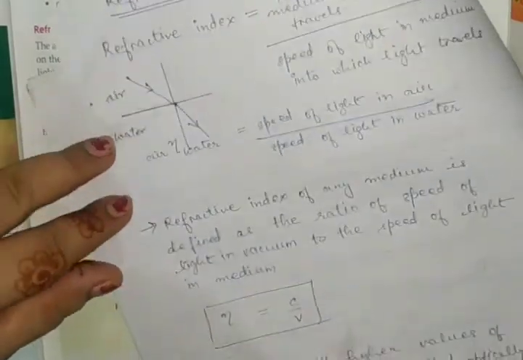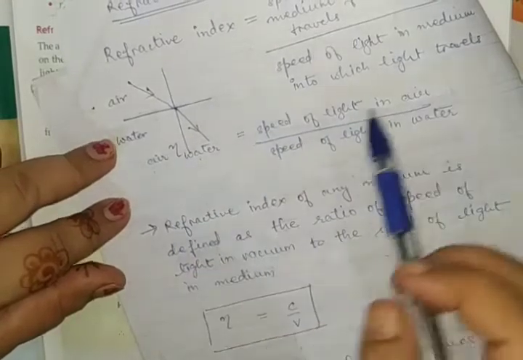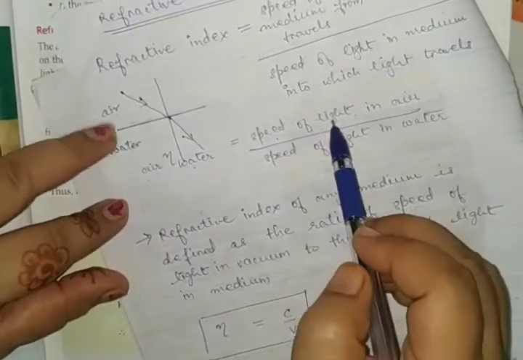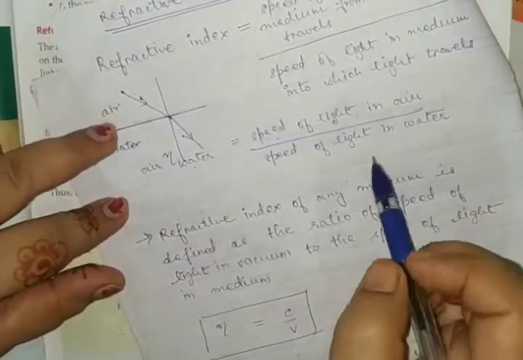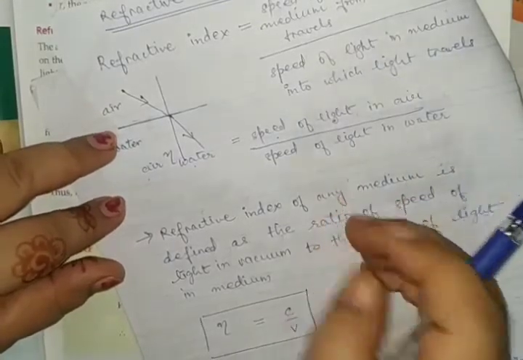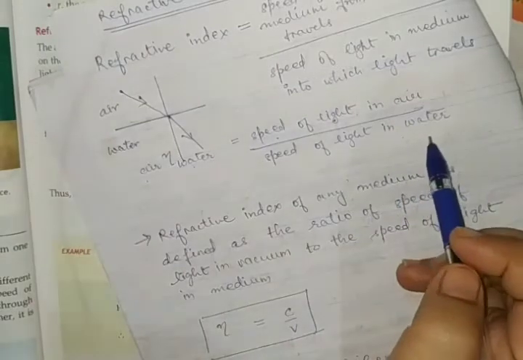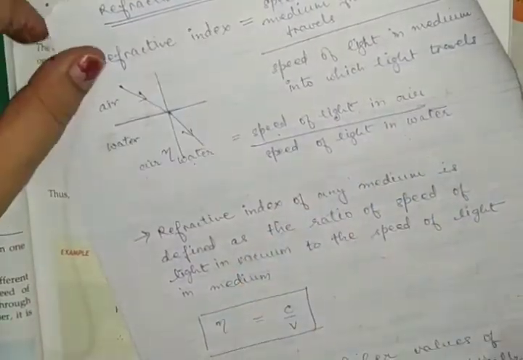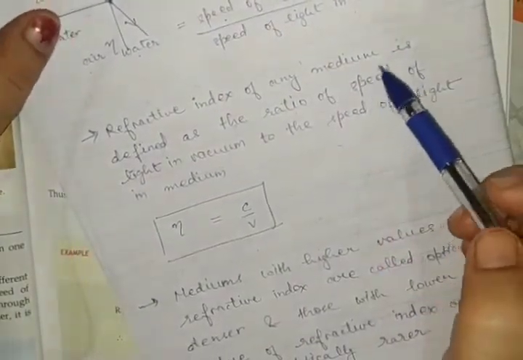Okay, then the refractive index of water with respect to air will be the speed of light in the medium from which the light travels, the speed of light in air, since it was coming from air, upon the speed of light in water, the speed of light in the medium into which it is going. Okay, so speed of light in air upon speed of light in water. This is the refractive index. So this ratio will decide how much the light is going to bend. Okay, so this is the definition.